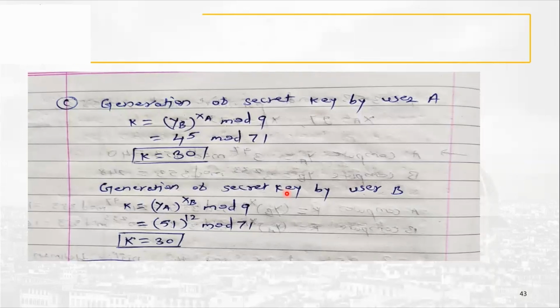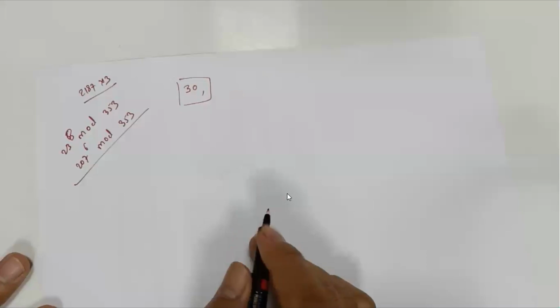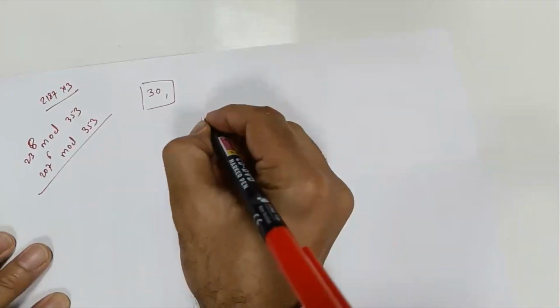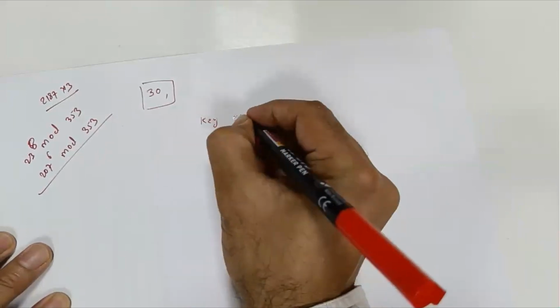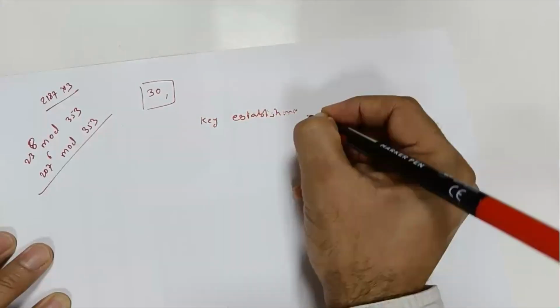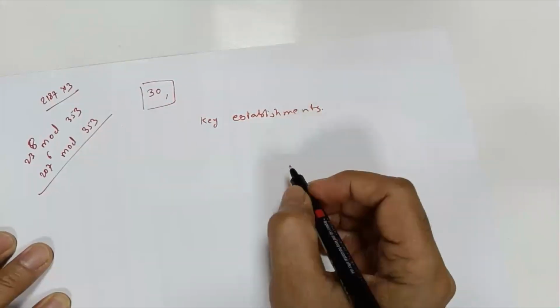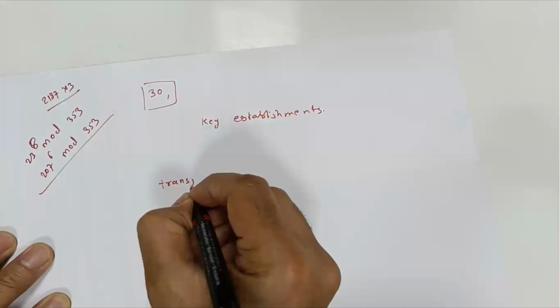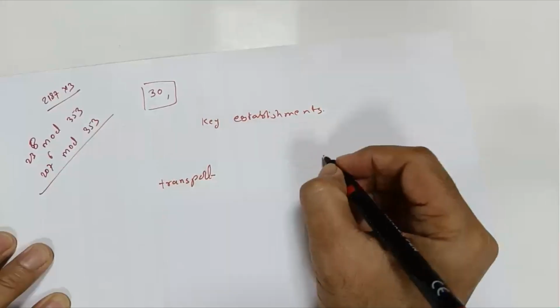I have a question for you now. We have seen two key establishment methods. One is the key transport, and one is the key agreement.